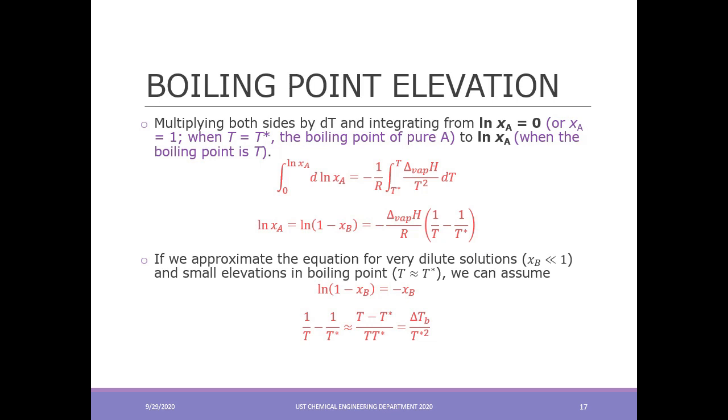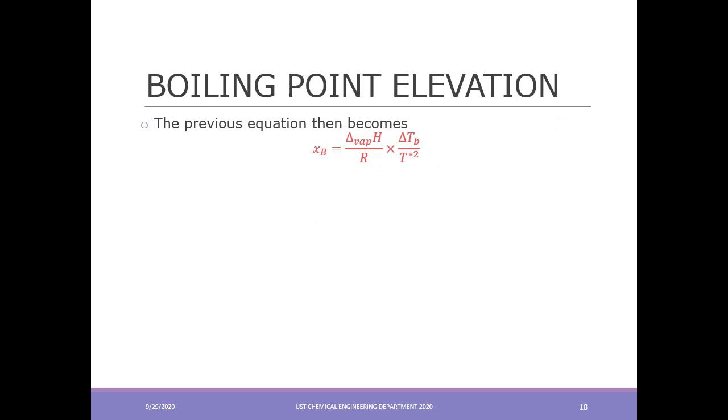Now, incorporating these approximations in the previous equation, we get XB is equal to enthalpy of vaporization divided by R times delta TB over T star squared. Isolating delta TB and combining all constant parameters in a single empirical constant, we get the expression delta TB is equal to K XB, where K is the boiling point elevation constant and is equal to R T star squared divided by enthalpy of vaporization.